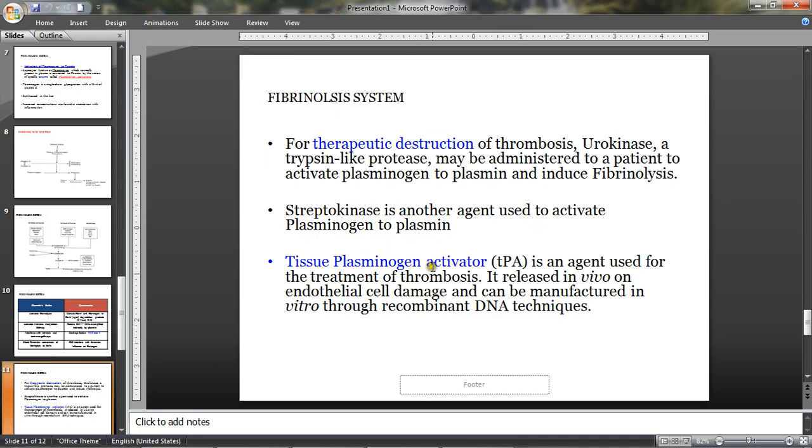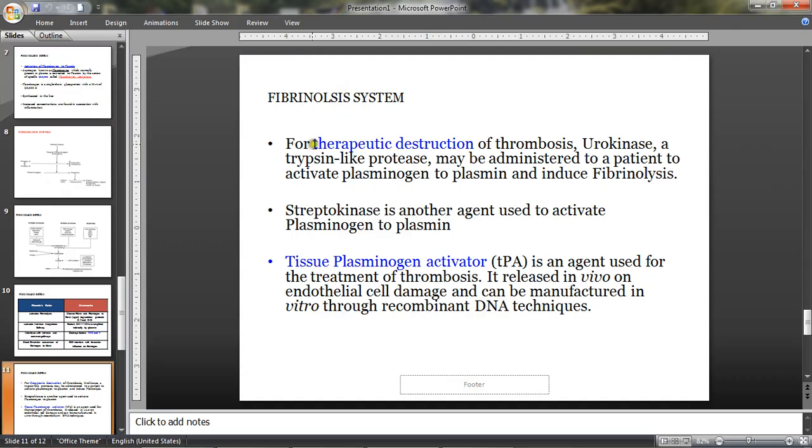Tissue plasminogen activator is an agent used for the treatment of thrombosis. It is released in vivo on endothelial cell damage and can be manufactured in vitro through recombinant DNA technology.